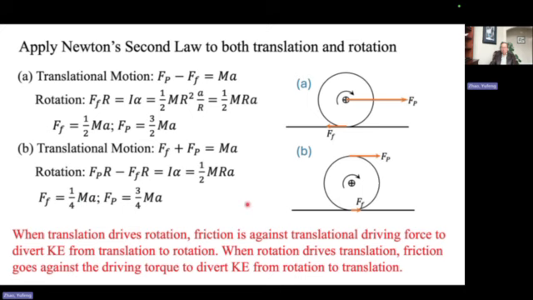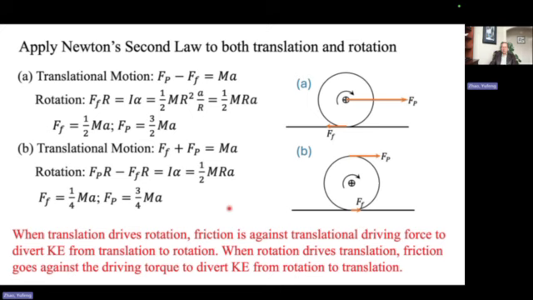So we can now use a smaller force to drive the cylinder to move at the same acceleration as case A. But the pulling force is now only 1/2 that of case A, and friction is also 1/2 compared to case A. So simply by changing the action point of the pulling force, you change both the direction and magnitude of the pulling force and the static friction. And this is very interesting.